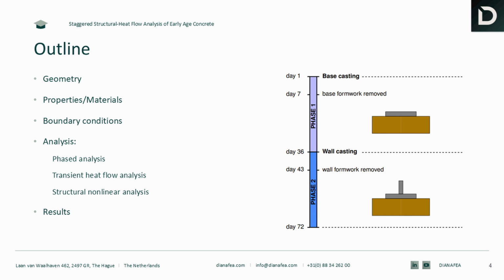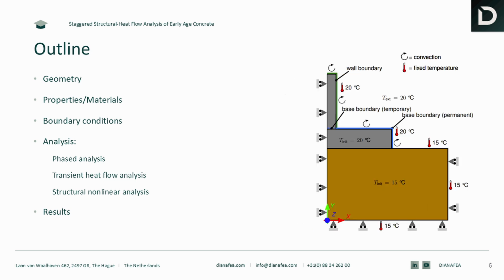Both phases consist of 36 days, and the first 7 days of both phases are simulated assuming that the concrete is contained by the frame. And after day 7, the frame is removed, and then we will simulate the convection between the concrete and the surrounding air.